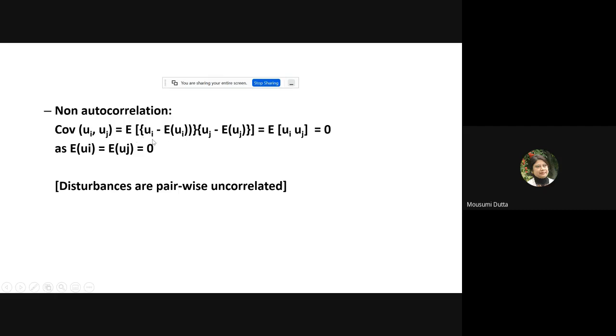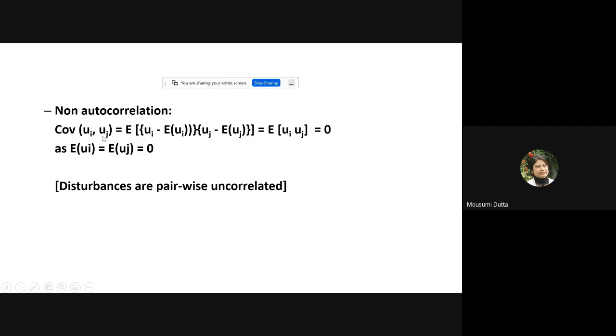So to maintain the definition of covariance, you are considering the same error, however two different observations of the same error. Since you are considering two different observations of the same error, not two errors, it is called autocorrelation.